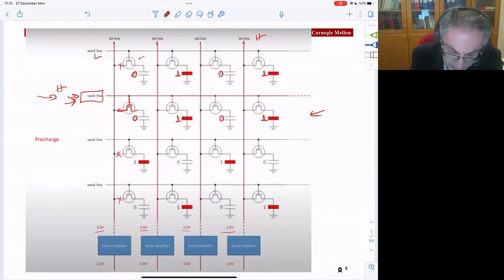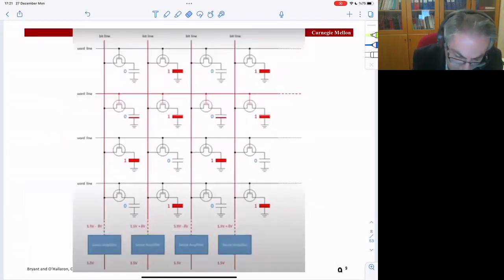As a result, since I have these values, the current that was set here, the value around 1.5 volts here, since it was 0 and I had charged it, the charges would go here a bit.